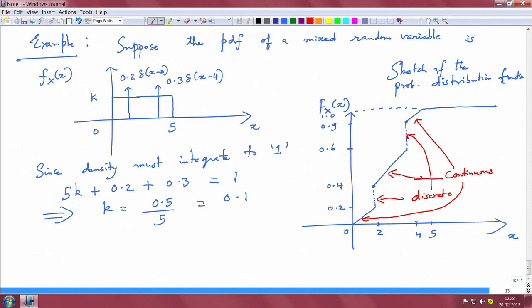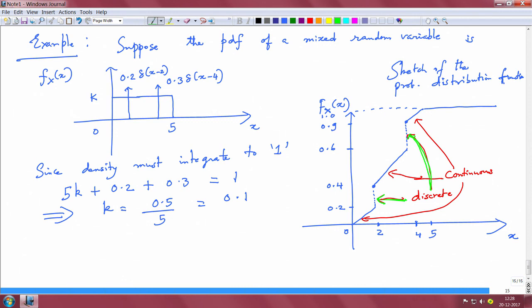Maybe I can put a green color here indicating it is discrete, and red color indicates it is continuous.